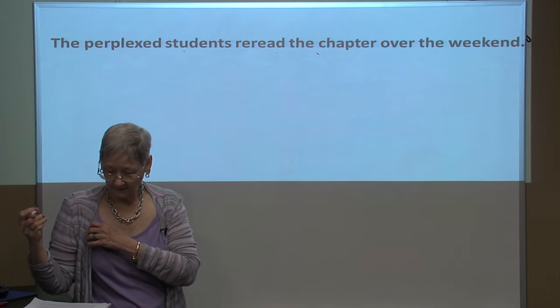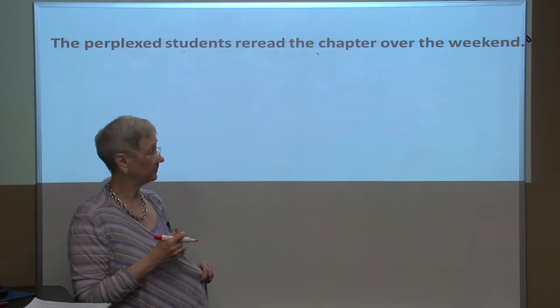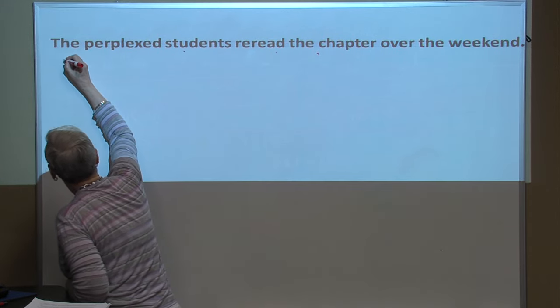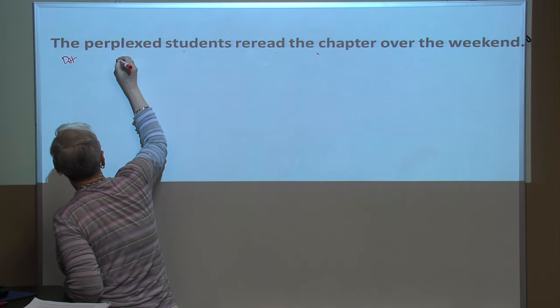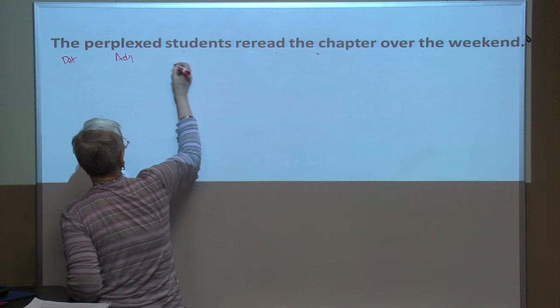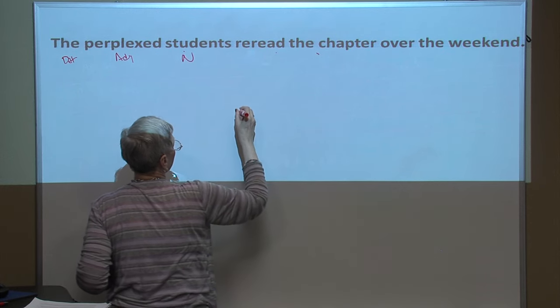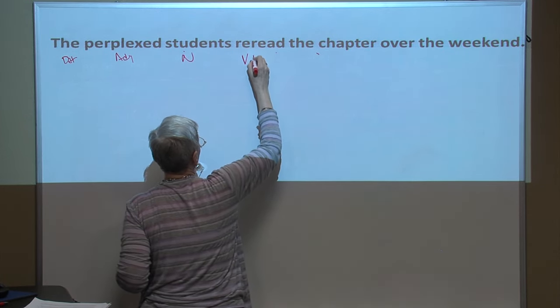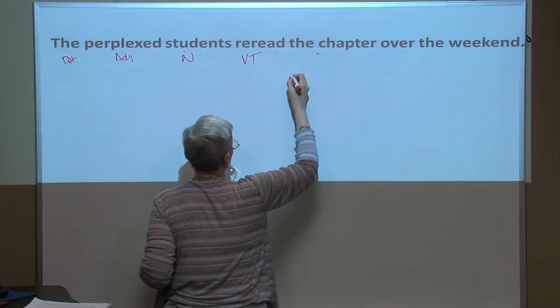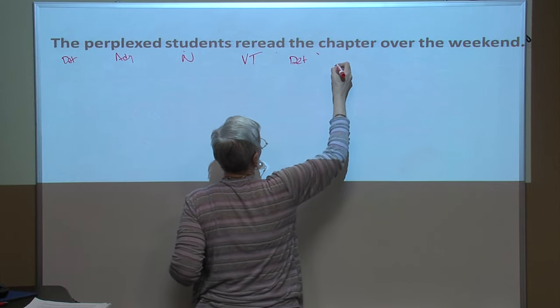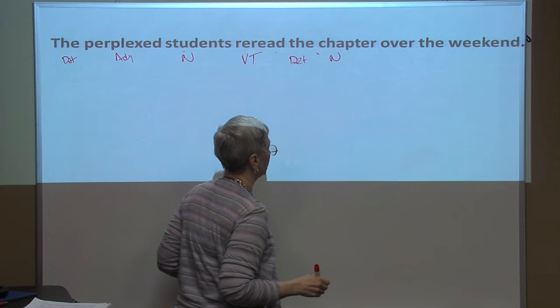Labeling from left to right. The is a determiner. Perplexed is an adjective. Students is a noun. Reread, we're going to go ahead and label as the transitive verb because we see the determiner the and the noun chapter coming up.